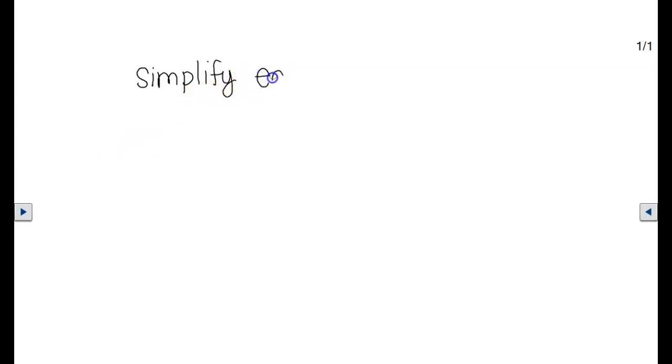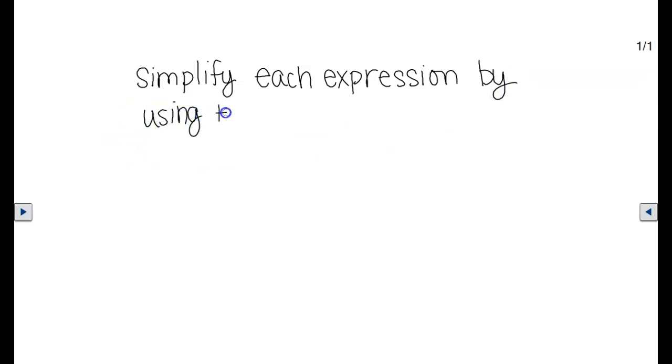expressions. So we are going to simplify each expression by using the distributive property.